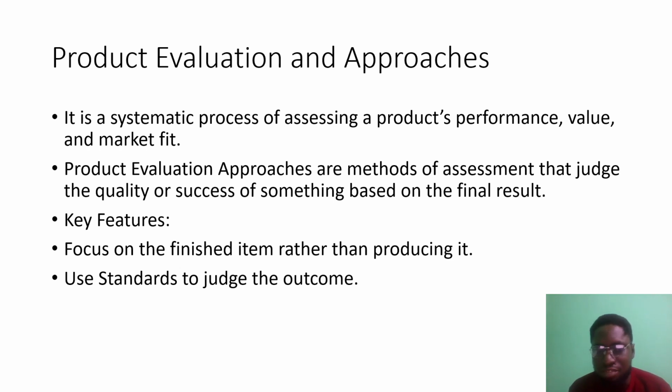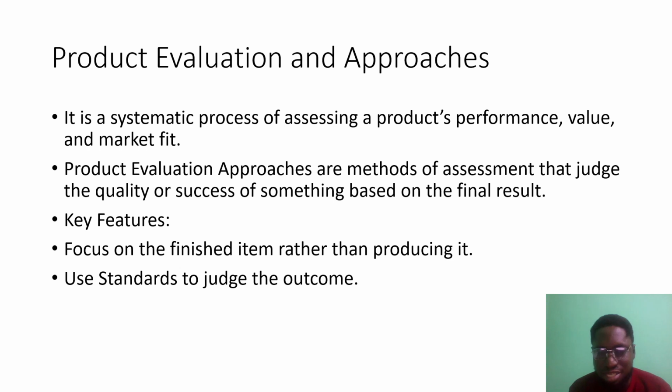So what are the key features of the product evaluation approach? So the key features are you focus on the finished item rather than how it is produced. You make sure it's neatly done. So let's say, for example, you are sewing a garment. It has to be of international standard before you bring it out to sell it. Next, you use standards to judge the outcome. It should be of high quality.